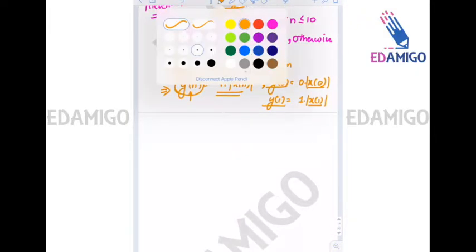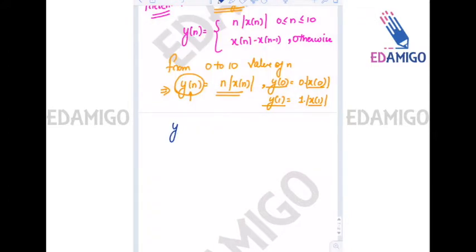For other values, y[n] is equal to x[n] minus x[n-1]. So the present output is dependent on the present input minus the previous input. Here we can see that since the output is not dependent on the future input, the system is causal.